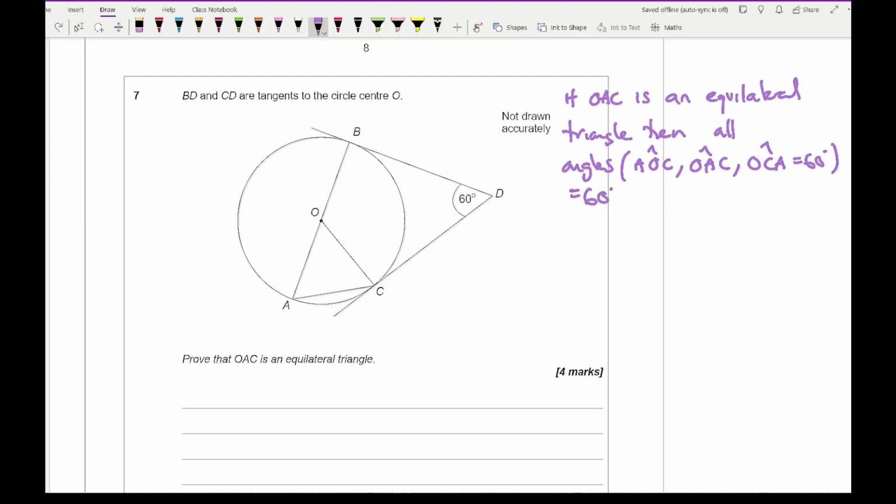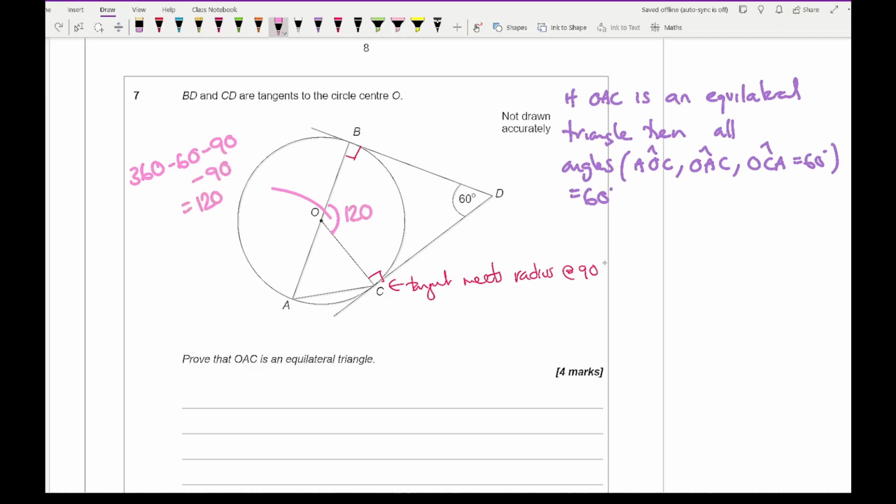So let's have a look at working this out. So we know that a tangent meets a radius at 90 degrees. So this angle here is going to be 90, so therefore I can then work out what this angle is going to be by doing 360 minus 60 minus 90 minus 90, which equals 120.